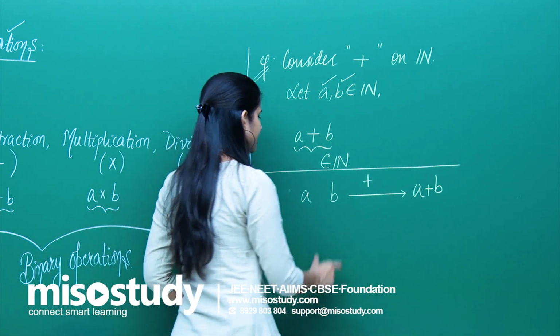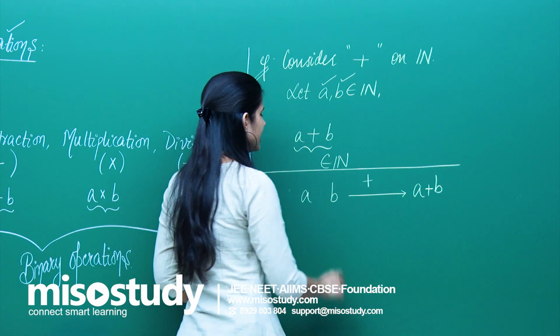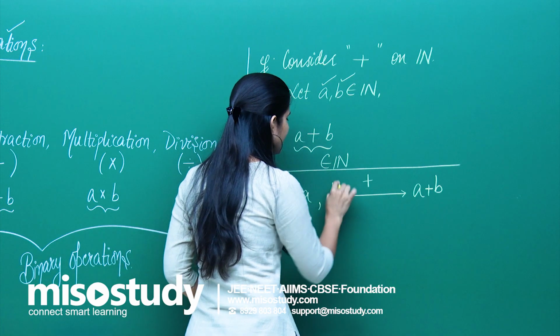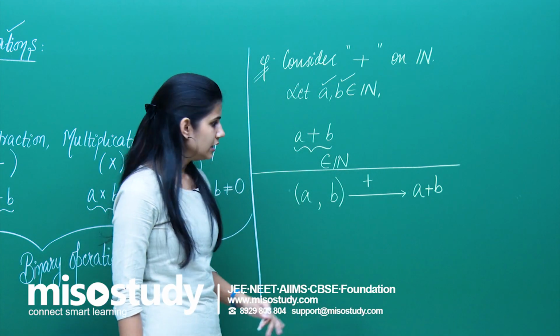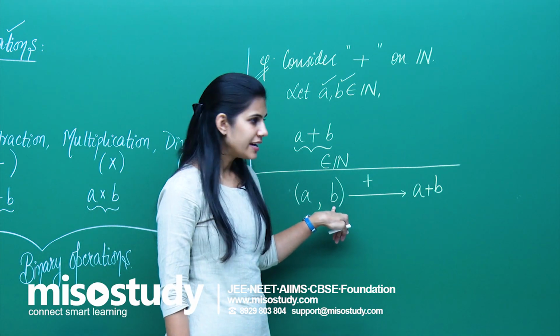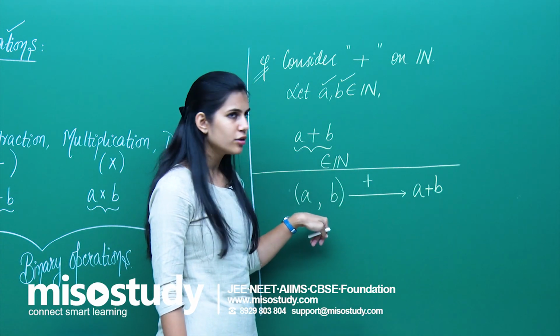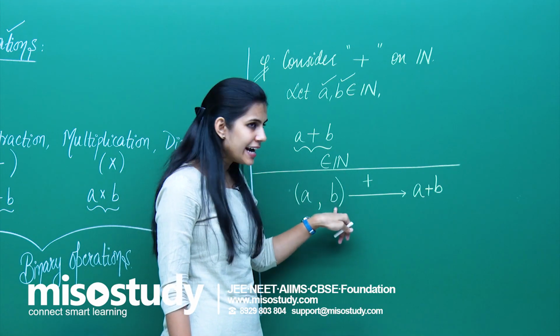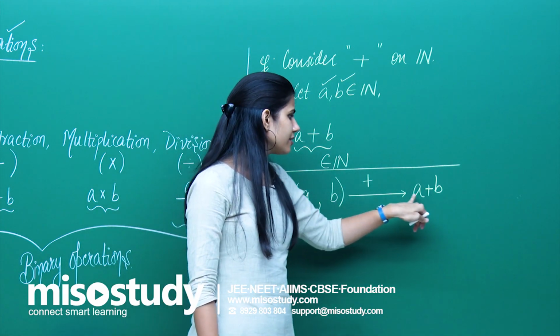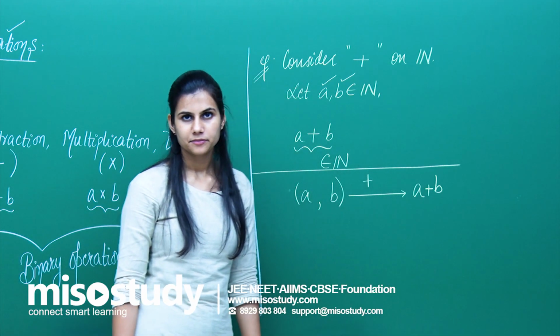Can I say having 2 members is the same as being represented by the ordered pair a comma b? If I say that addition operation is acting upon this ordered pair, that means it is acting upon a and b to create a plus b.